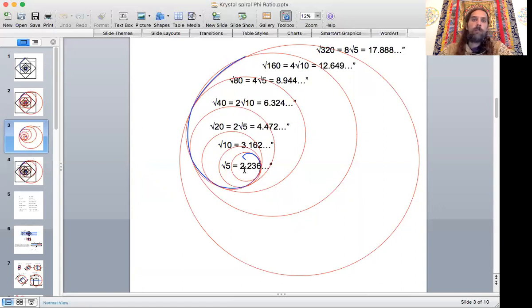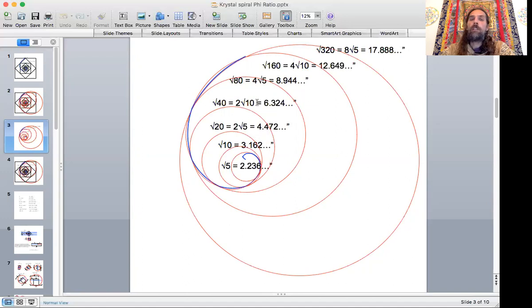So this morning I was working with some of these numbers and I started to calculate all the other numbers for all the squares and all the circles as they expand out here. Most of these are going to be multiples of the square root of 5 and 10. All of them are going to be multiples of that. But once again, I decided to do the full root 20, which is 2 times the square root of 5, root 40, root 80.